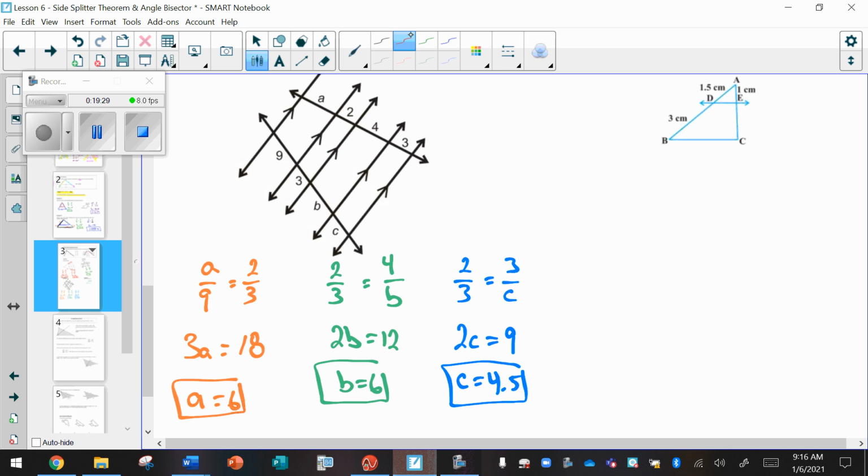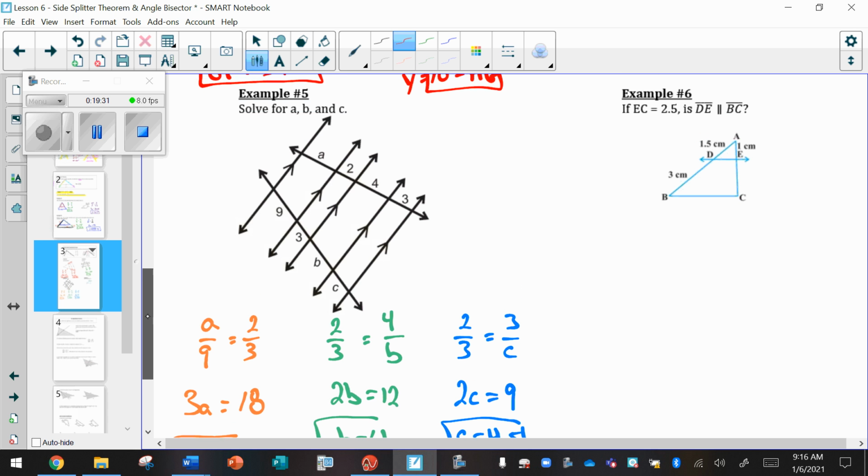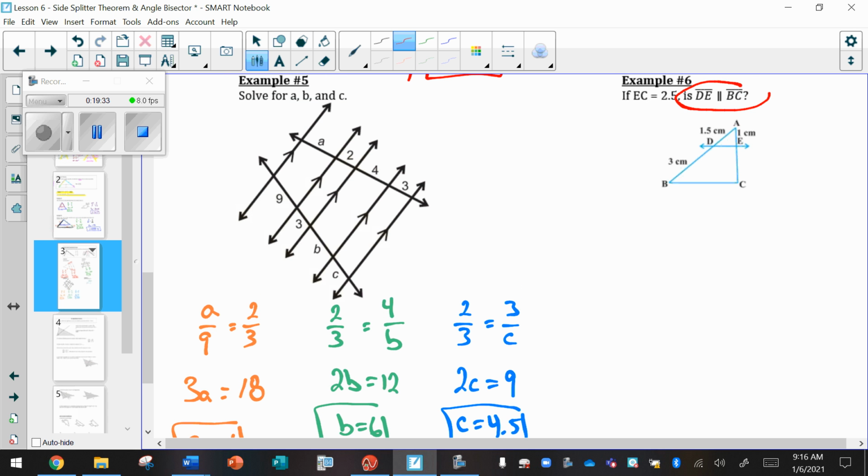For the last one, it asks you to determine if they are parallel. Now, to determine if they are parallel, what you do is you check the ratios and see if the ratios are equal. So they're telling you that EC is 2.5. So we're going to check the ratio of 1.5 to 3 and see if it is equal to the ratio of 1 to 2.5.